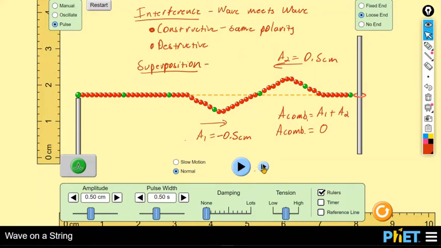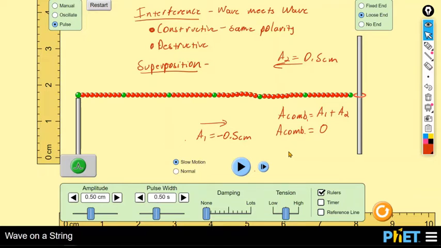We'll do it step by step. Okay, they're starting to overlap. They haven't completely overlapped yet, and then there. They've completely, more or less, overlapped. And you can see that you can't even see a wave. There is no amplitude. The amplitude is 0. So here we have a combined amplitude, a superposition of 0.